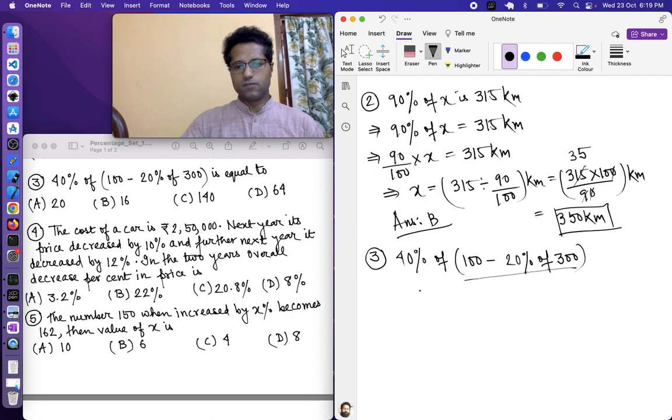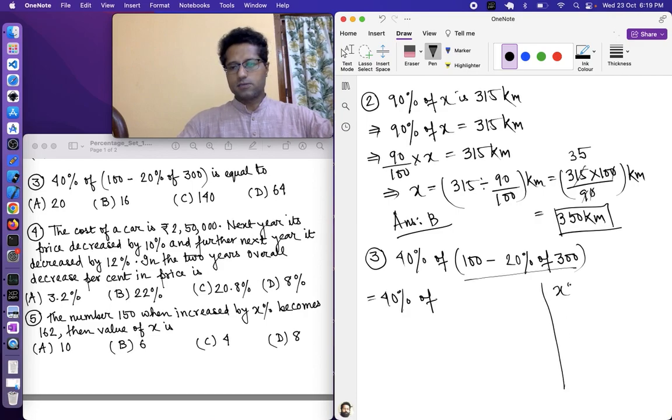Now let's see. So this is equal to 40% of. Remember one thing: if you have multiple "of" operators and percentages, let's say you have x percentage of y percentage of z, then the percentage and "of" operator work from right to left.